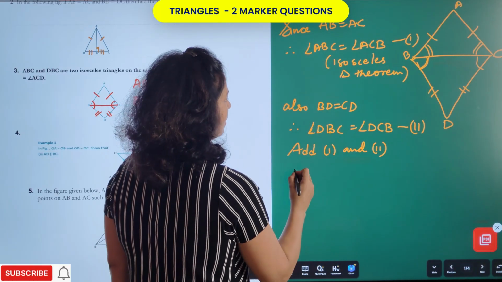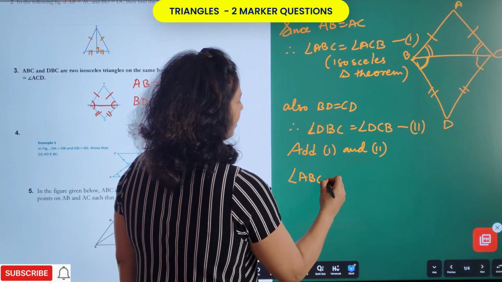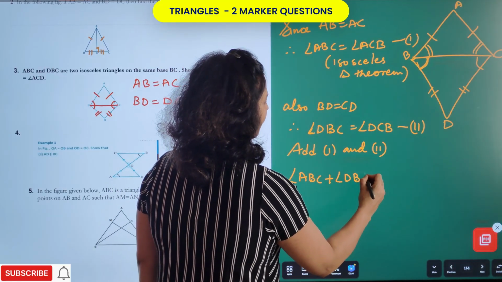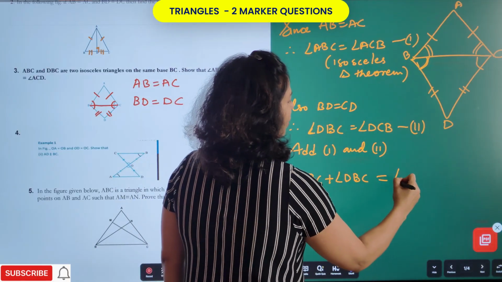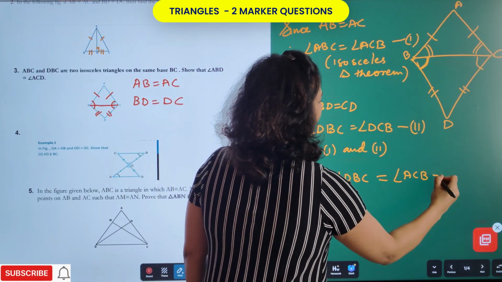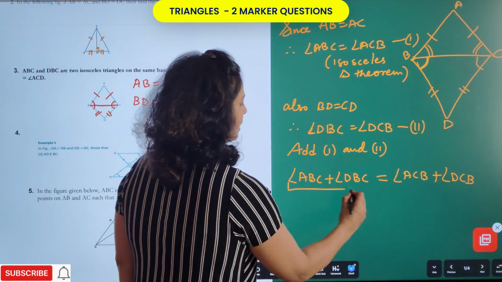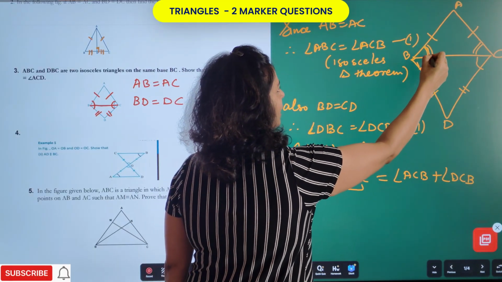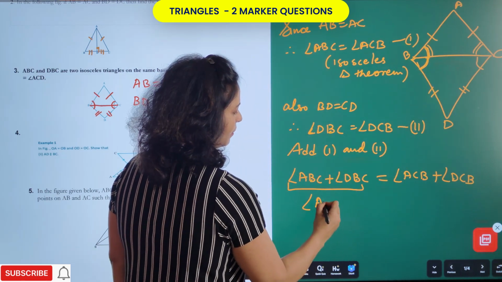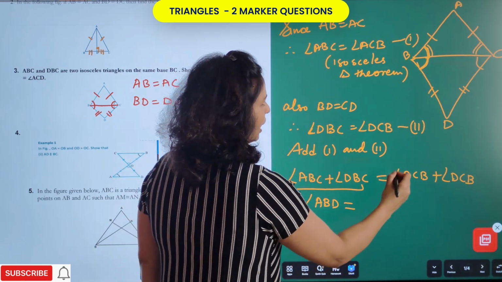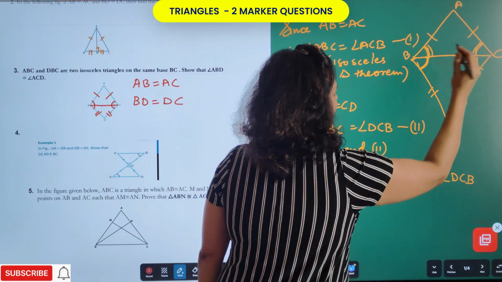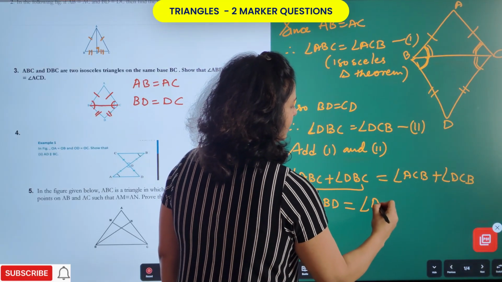If you add angle ABC plus angle DBC on the left hand side, and on the right hand side ACB plus angle DCB, the sum of these two angles gives the whole angle ABD, and the sum of ACB and DCB gives the whole angle ACD.